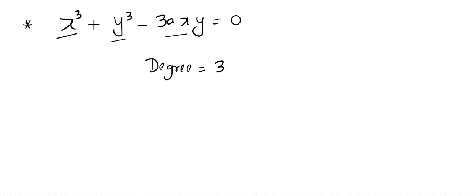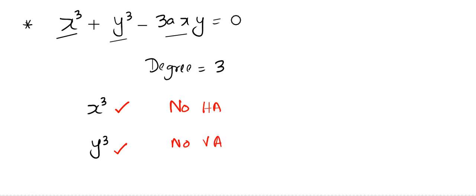Now second thing to check is x cube term and y cube term. Okay, x cube term is present, y cube term is present. That means no horizontal asymptotes, no vertical asymptotes. So the only hope is oblique asymptotes.